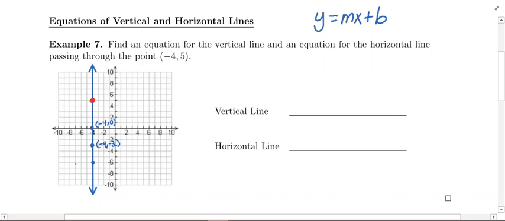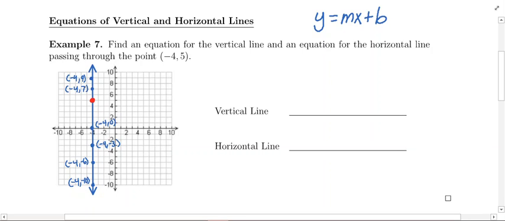This is -4, -6, -4, -10. This red dot we know is -4, 5. This point is -4, 9. This is -4, 7. You get the idea.